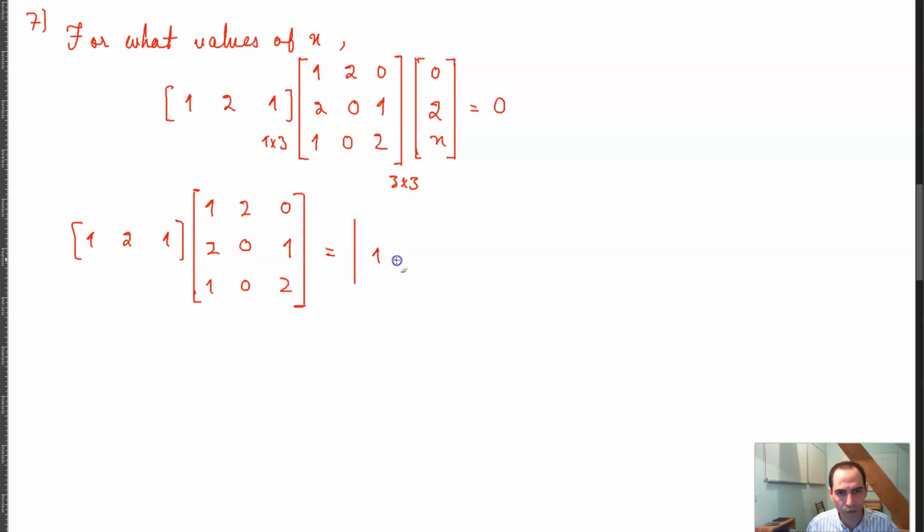So 1 times 1 is equal to 1, 2 times 2 is equal to 4, 1 times 1 is equal to 1, and then I have this times this column. 1 times 2 is equal to 2, 0, 0, and then I have 1 times 0 is equal to 0, 2 times 1 is equal to 2, and 1 times 2 is equal to 2. And then basically what I have is 4 plus 2 is equal to 6, 2, and 4.